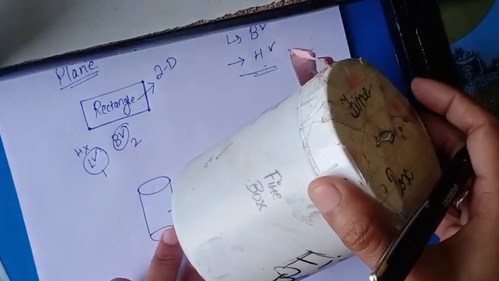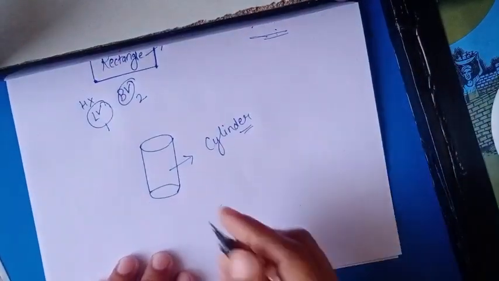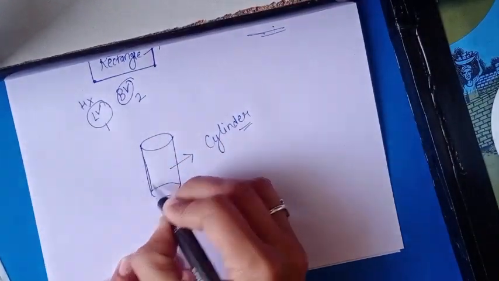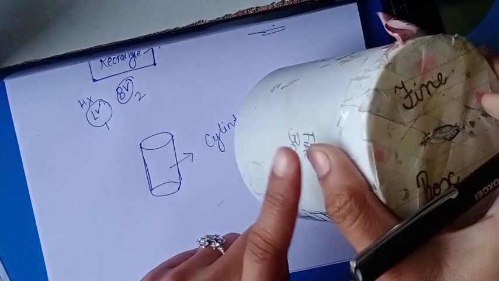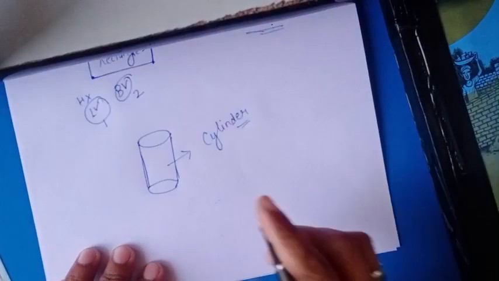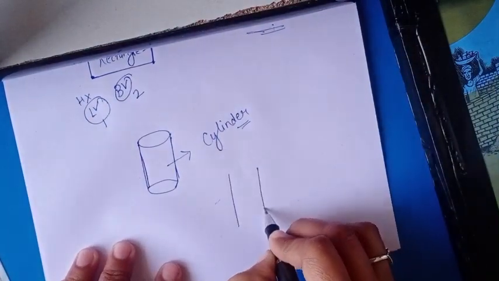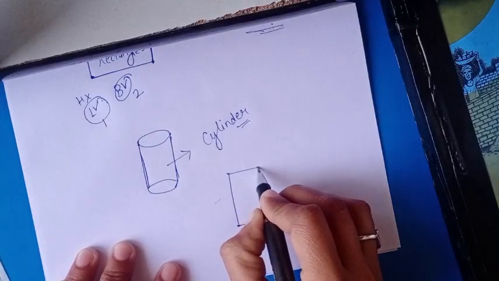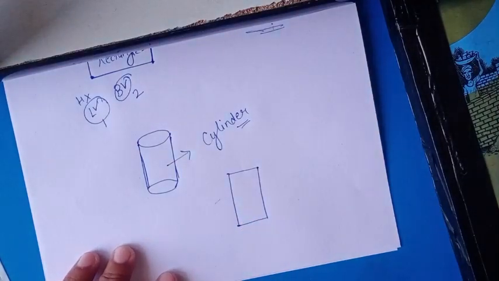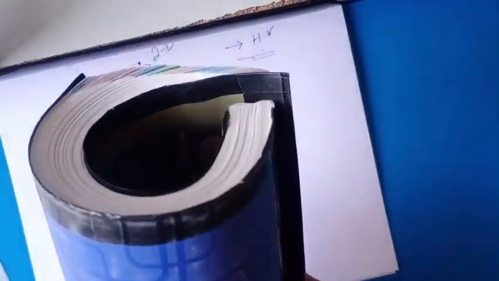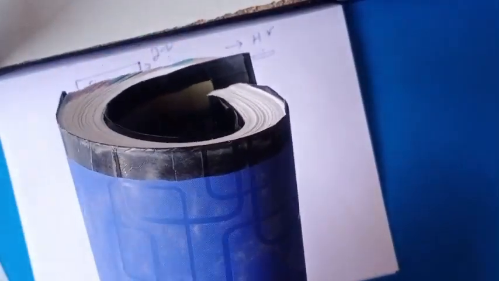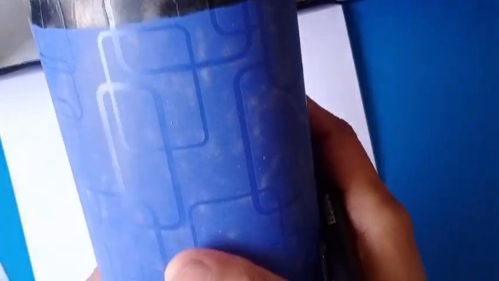Because in the cylinder, when we cut this box, we will get one rectangle. Suppose I show you. This is a book, and when we turn this book into this figure, we will get a cylinder.